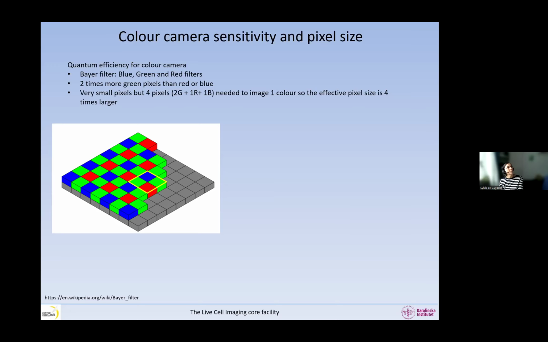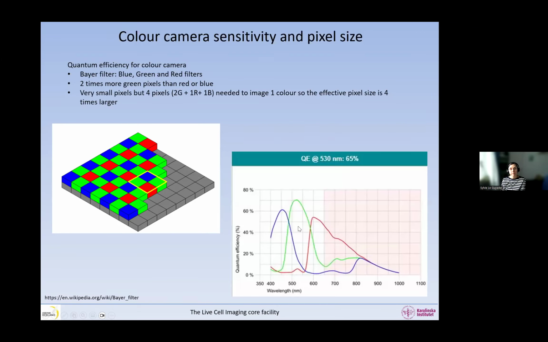You think, oh, great, my camera has a fantastic digital resolution, but actually you need to multiply by 4 to know the real size in the image. And when it comes to quantum efficiency, we also have quite a high quantum efficiency in this camera. It is quite reasonable, let's say, and it also varies with the wavelength.